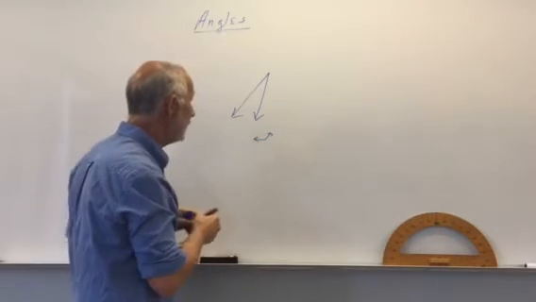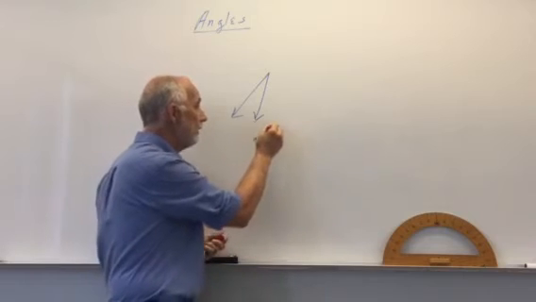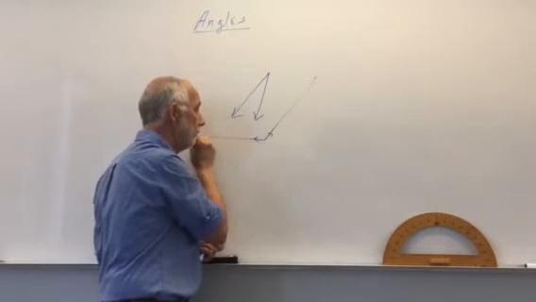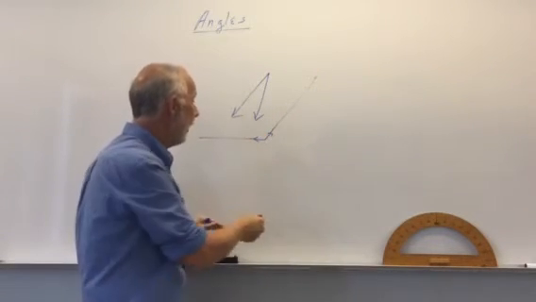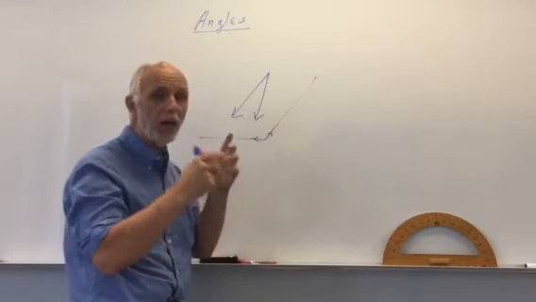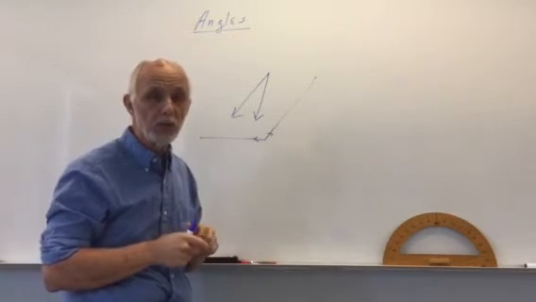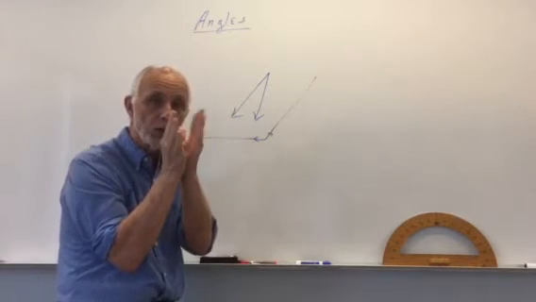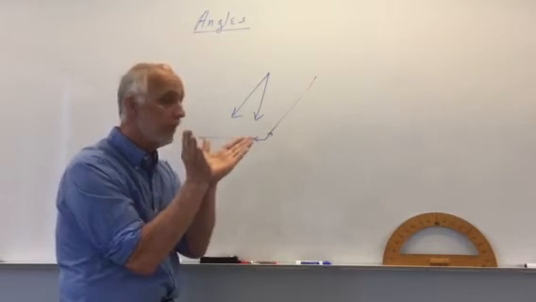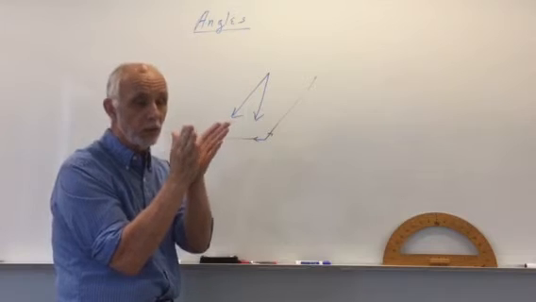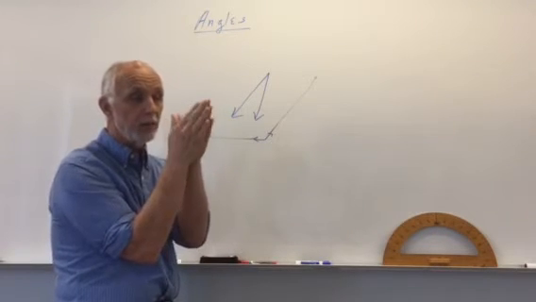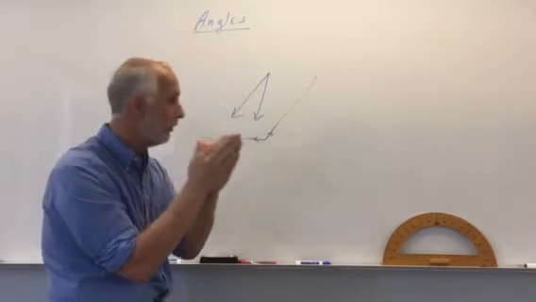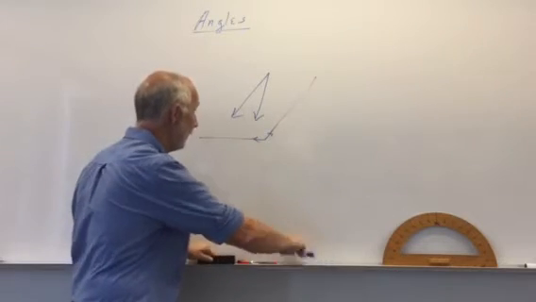But that's the sides, and remember, the arrows mean these go on forever. So you can't measure how big an angle is by how much you see of the angle. What you're measuring is how much the angle opens up or closes. Okay? So it can open up a little bit or it can open up a lot. But that measurement of how much it opens up is how you measure an angle.